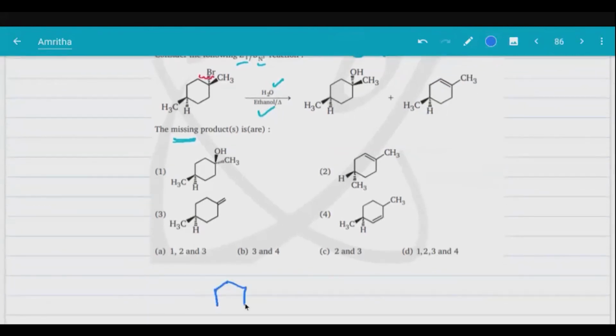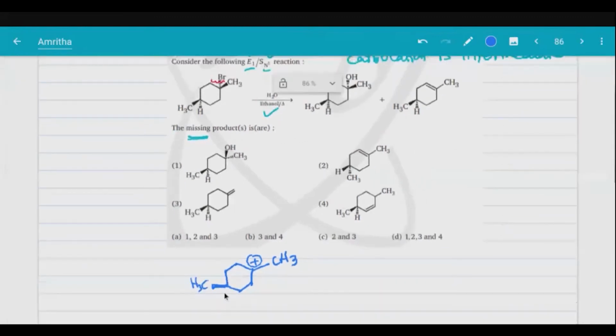This is what I'll get. Br leaving means there's a positive charge. Wherever there is positive charge, sp2 carbon, no need to write up and down. Directly write methyl, CH3 and H, plus charge. Now this is our intermediate.